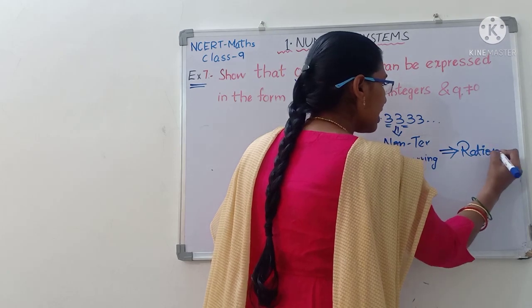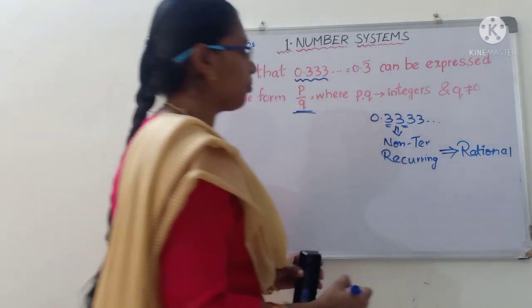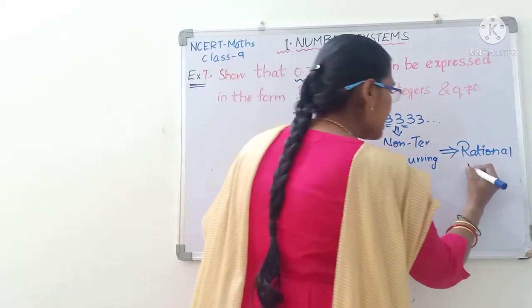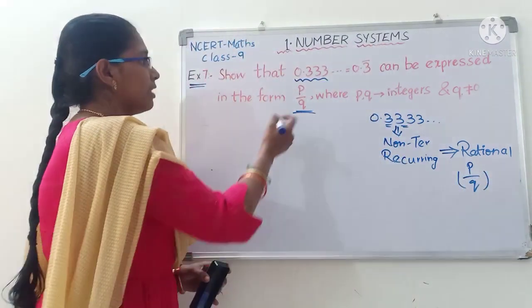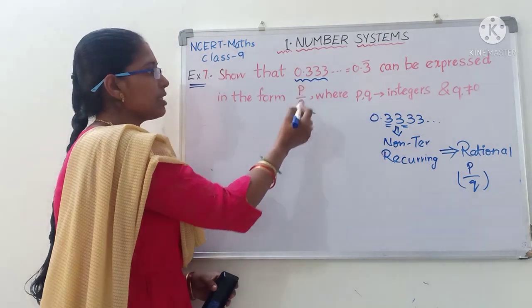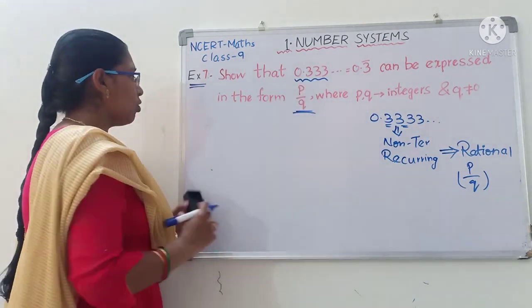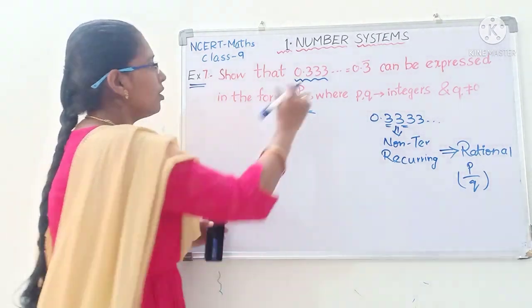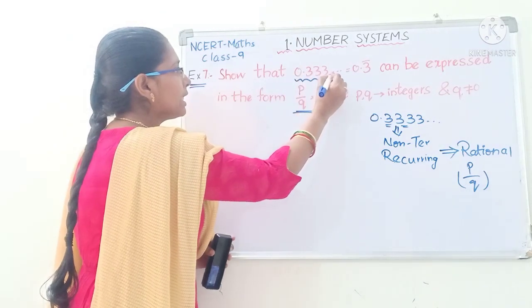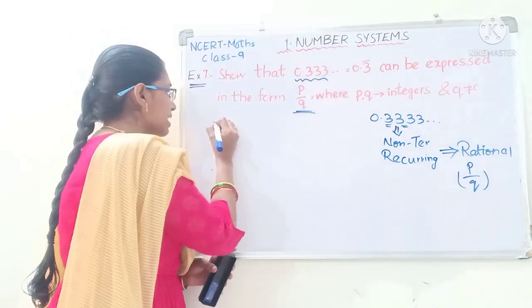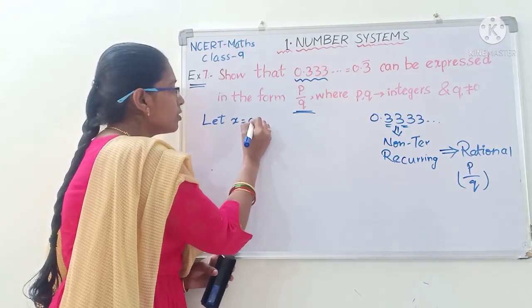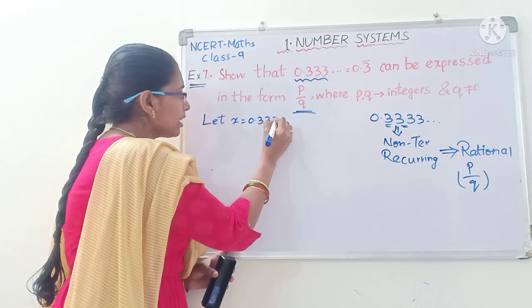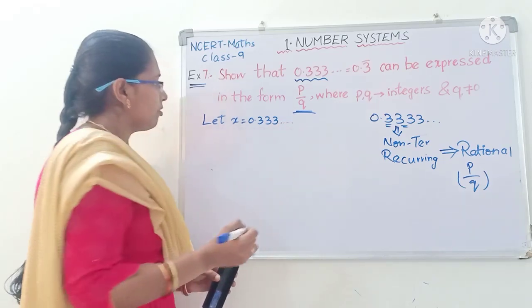So children, can we express this in the form of p by q? Yes, we can. And they are asking to express this in the form of p by q. So let us assume this 0.333 and so on as x. Let x be equal to 0.333 and so on.